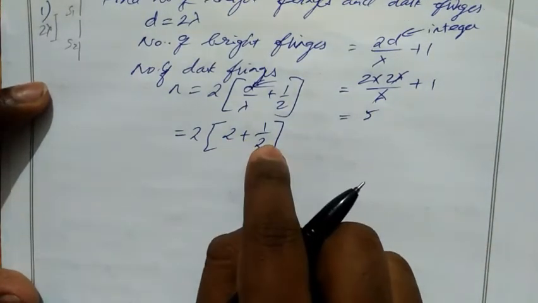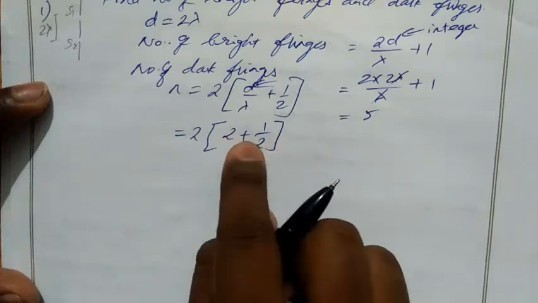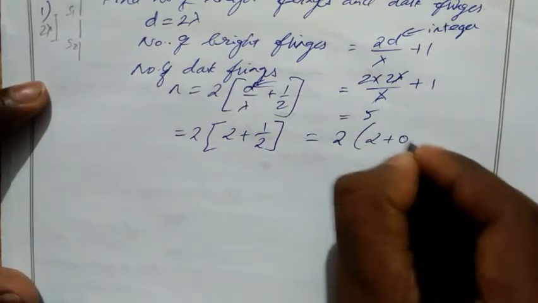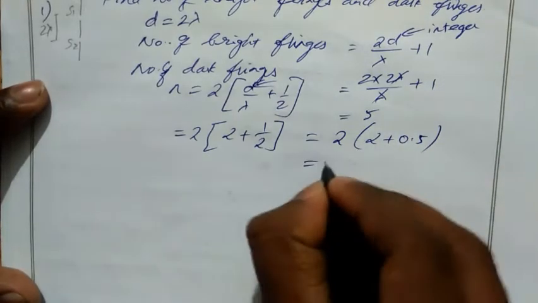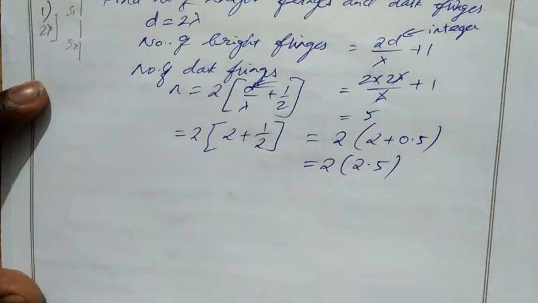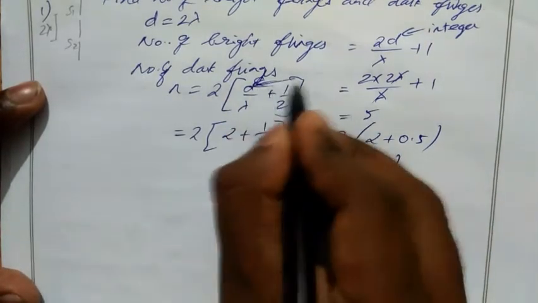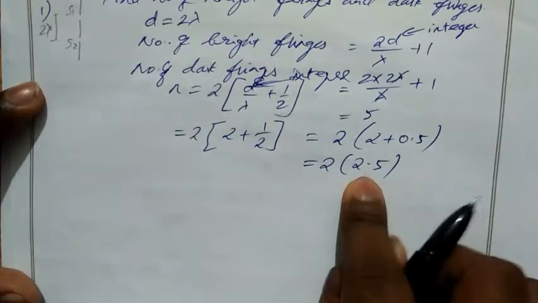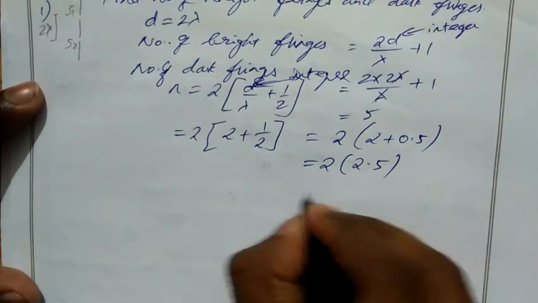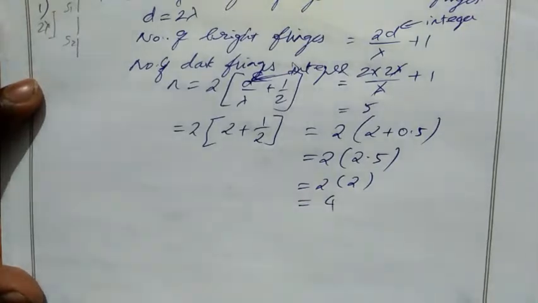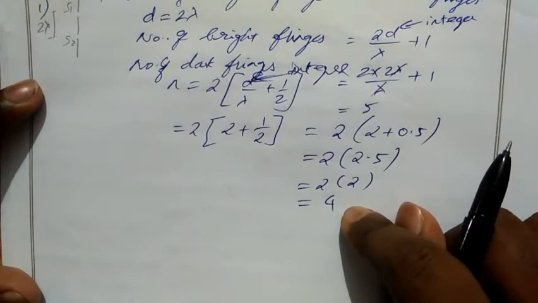So 2 plus 0.5 is 2.5. But this inside value should be an integer, so we take it as 2. 2 into 2 will be 4. So total maxima 5, total minima 4.